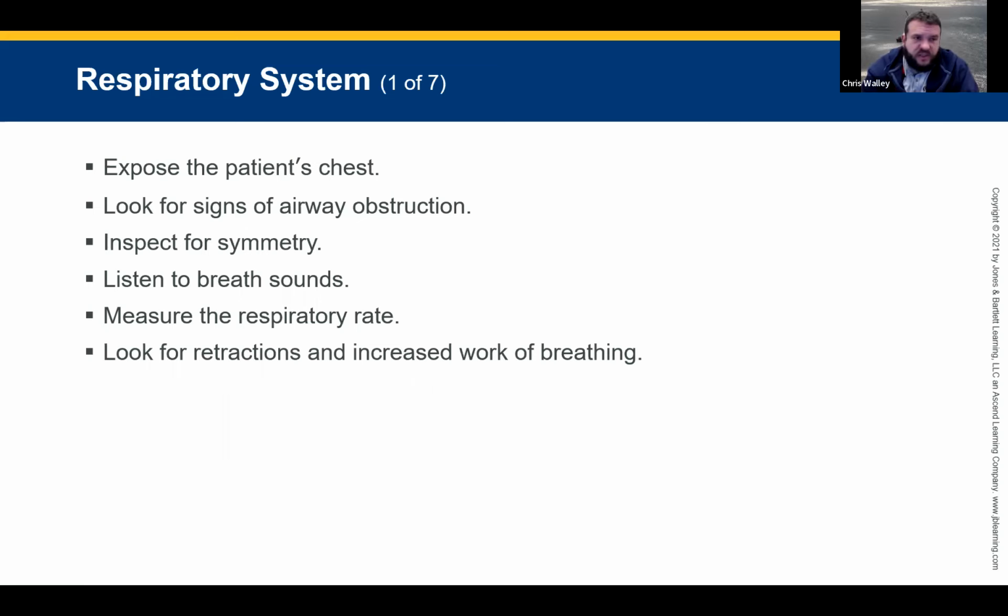Those are things we can rate the respiratory system on, and the adequacy of breathing, because depending upon that, they may or may not be able to breathe normally. And if we can fix those things with a little bit of work, the better off we'll be in the long run.